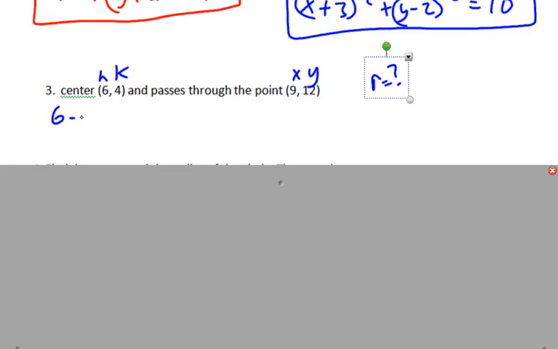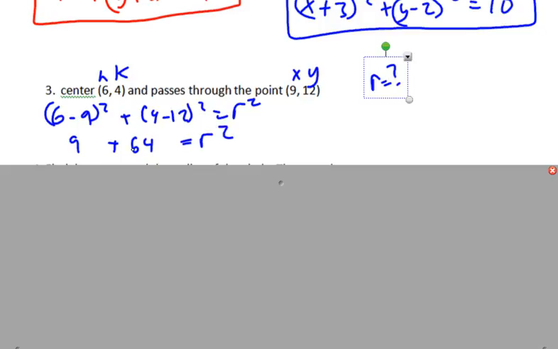Let's plug it all in: (6 minus 9) squared plus (4 minus 12) squared equals r squared. 6 minus 9 is negative 3, and negative 3 squared is 9. Plus 4 minus 12 is negative 8, and negative 8 times negative 8 is 64. So 64 plus 9 is 73, which equals r squared. So r is equal to the square root of 73. That's the radius.